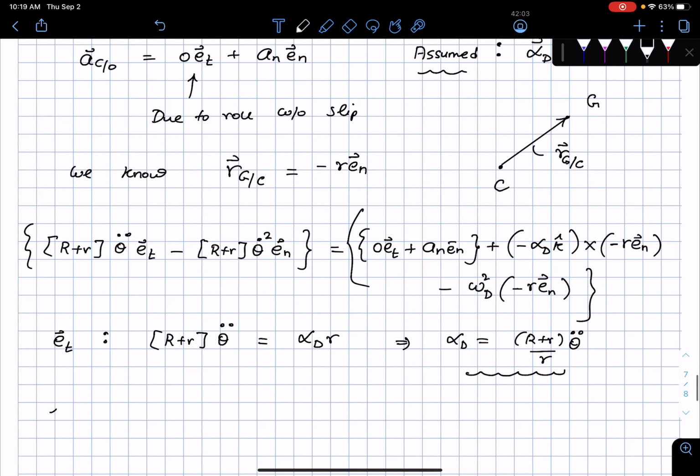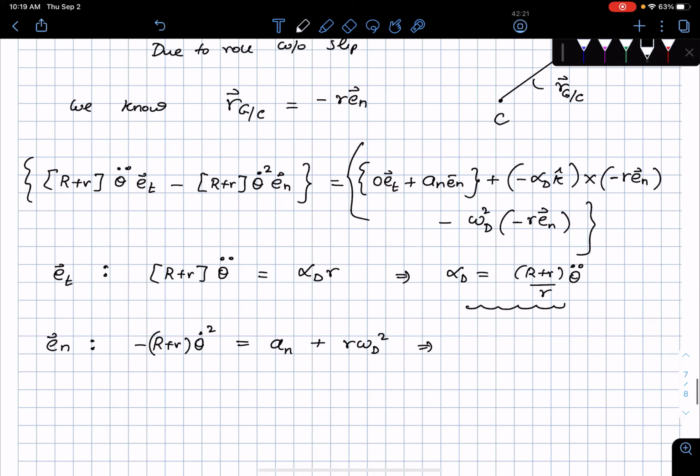And if you want, you get an additional piece of information which tells you that minus r plus r theta dot square in the normal direction is going to be acceleration of the point C in the normal direction, and then I'm going to have minus and minus, so that's going to be plus r times omega disk square. So the acceleration of C in the normal direction can also be obtained. Not our interest, but you can find it.